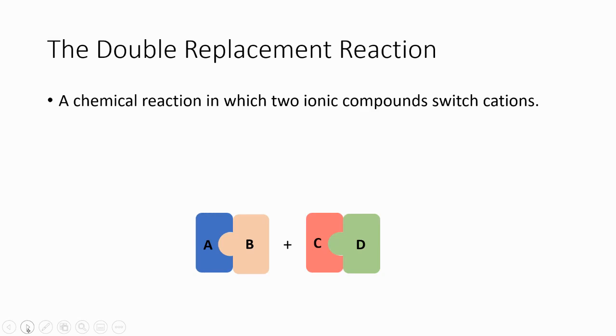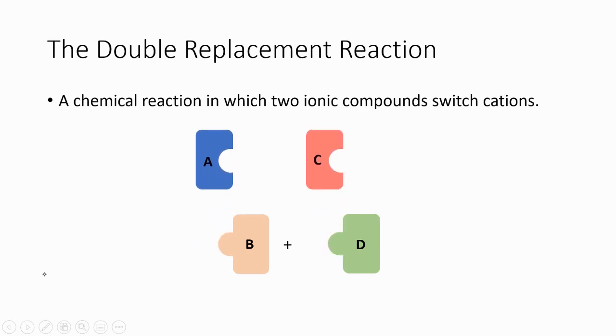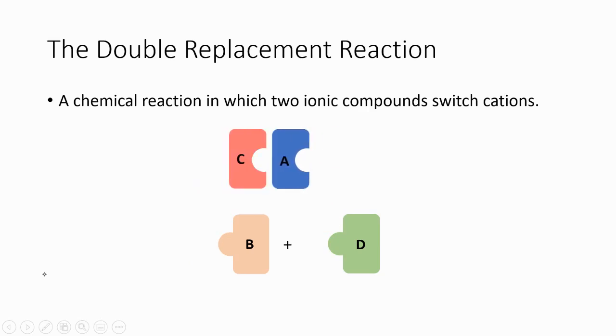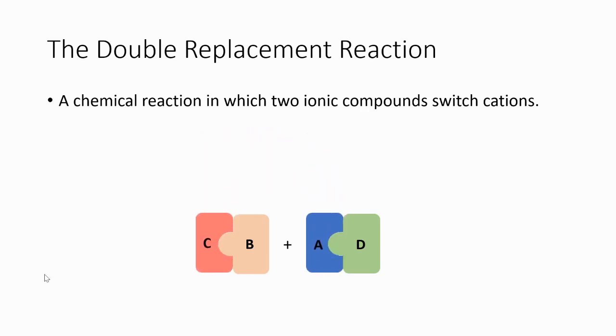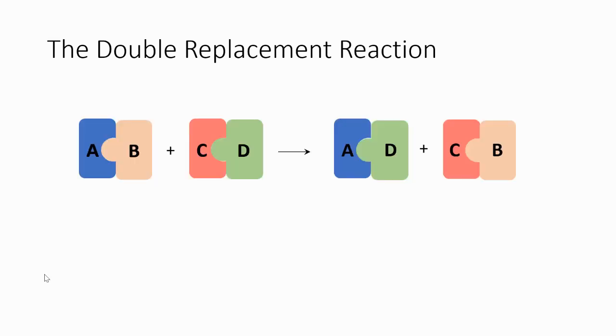Here we have two compounds, and the cations or the metals are going to switch places. So when we see that happen, here's our metals. Here they are switching places, and then they're going to recombine with the anions or the nonmetals that we have. Okay, so this is what the completed reaction would look like, right? And we see that AB plus CD yields AD plus CB.